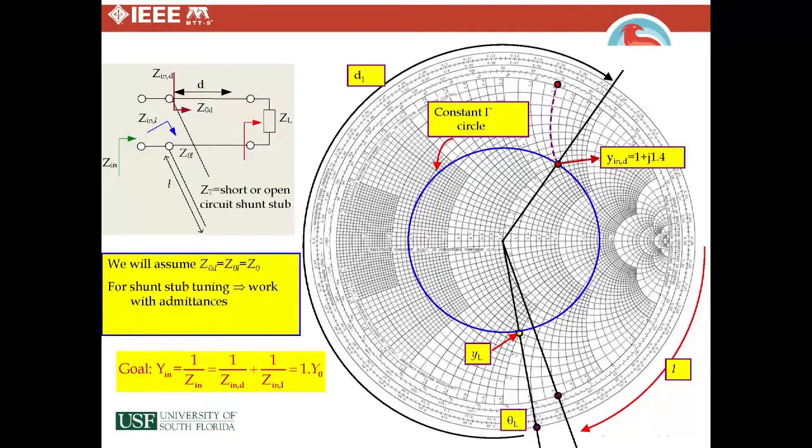What's a little different here from the other matching is that when we rotate through a transmission line of uniform characteristic impedance, we stay on a constant gamma circle like this. We can rotate anywhere on this circle by rotating down this transmission line, this distance d.